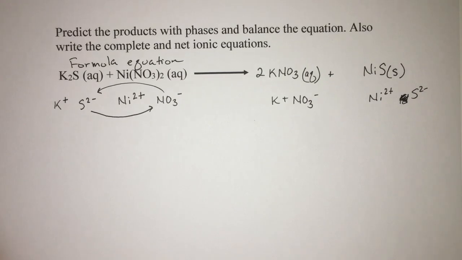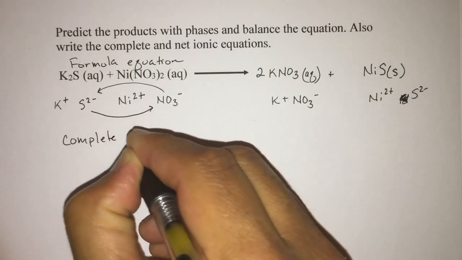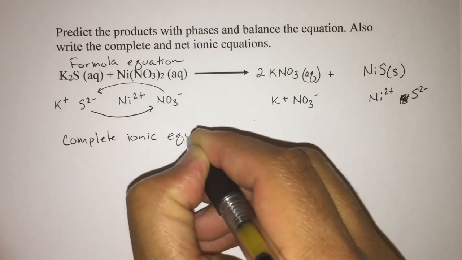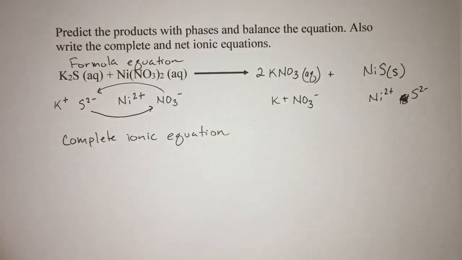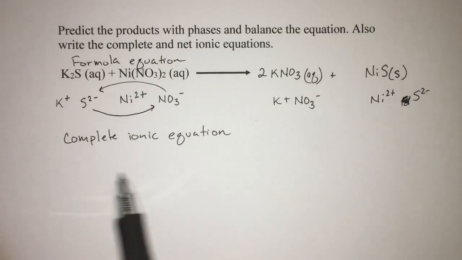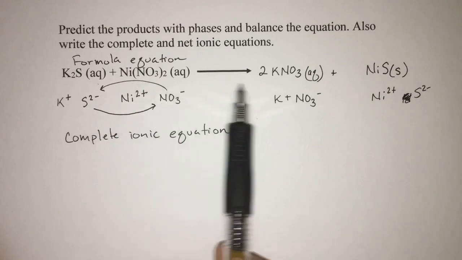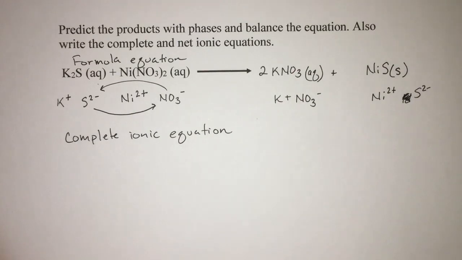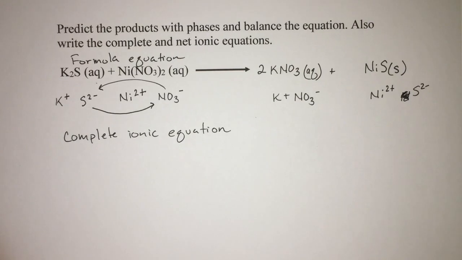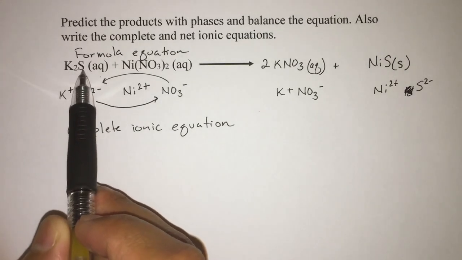So now let's move over to the complete ionic equation. Now, if you remember the first video, I go into detail on how to write the complete ionic equation. So I'll just summarize that here. Every time we see an aqueous, we see 3 of them here, what we want to do is separate those species, those ions, so that we can have a better representation of what's going on in solution. So for example, right here, K2S.